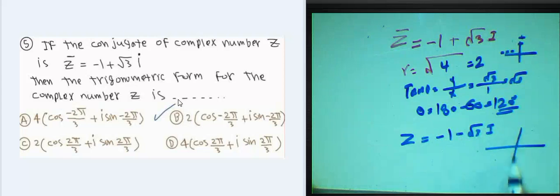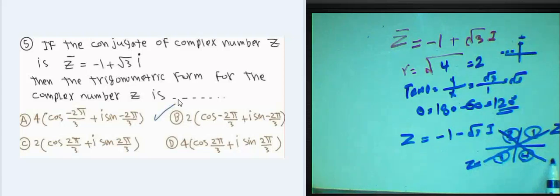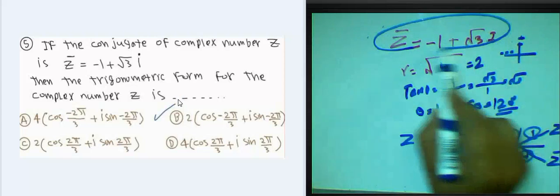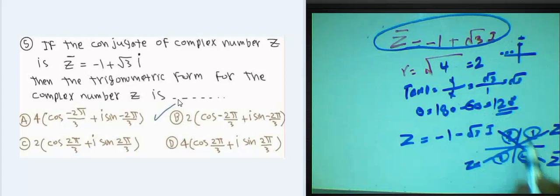If we draw the relation between the first and second and third and fourth quadrants, if we have z here, then this will be negative z, and here it will be z bar. The angle of z bar, the conjugate, will be 120 degrees.